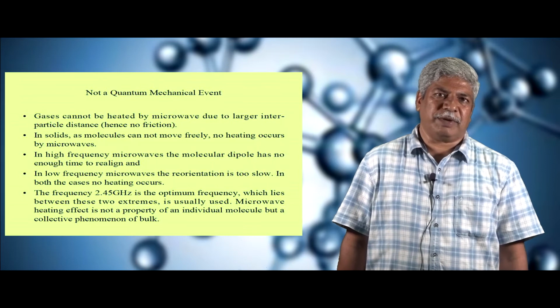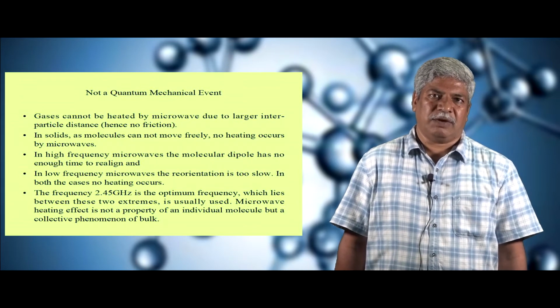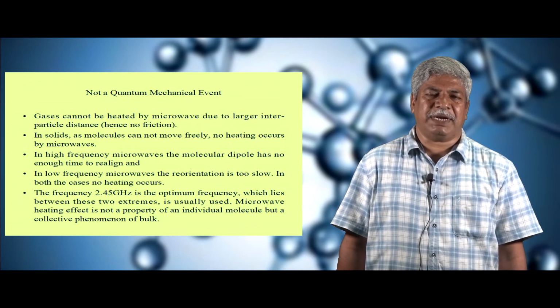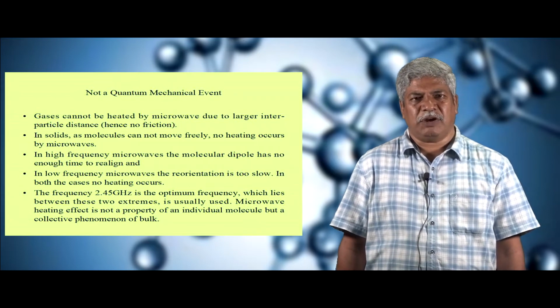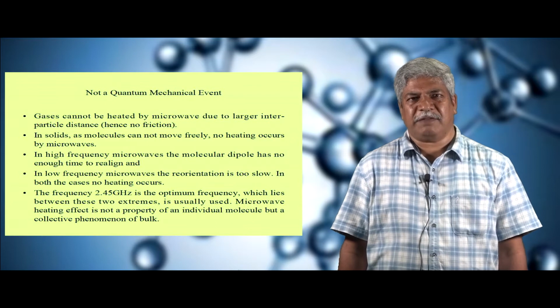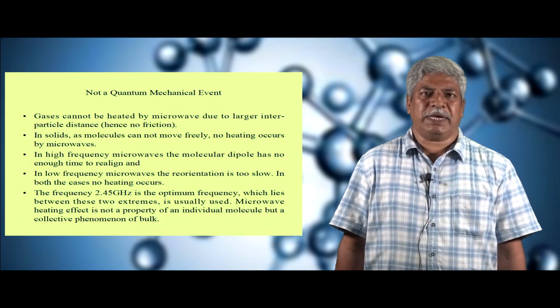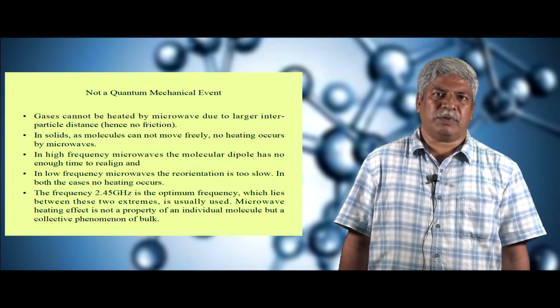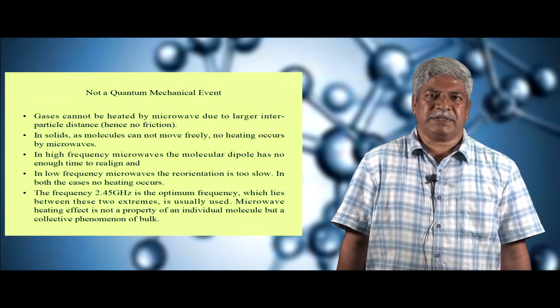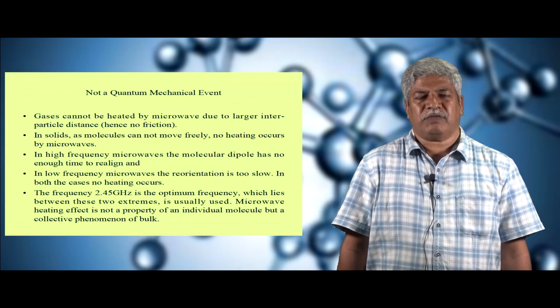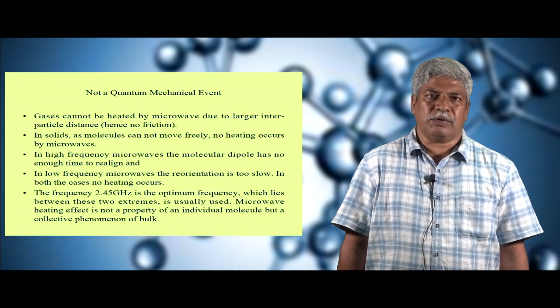If the energy of the microwaves is very high, the field will oscillate rapidly, and the molecules may not be in a position to cope with this oscillating field, so they won't move here and there, and they won't respond to the microwaves. Whereas in the case of low microwave energies, the reorientation of the molecules is very slow.